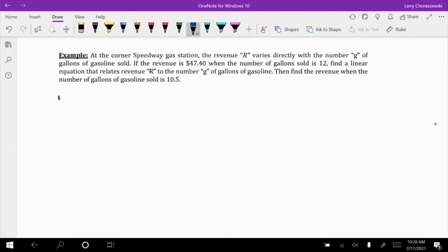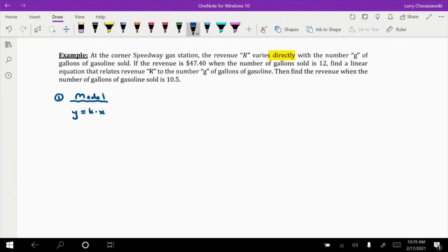Let's start with our conveyor belt process. Number 1, we want to select the model. If you look at that first sentence, we see the word directly. So right there is an indication that the choice we should make for our model should be y equals k times x. They don't want us to use y and x though.